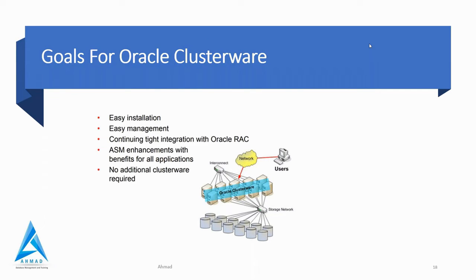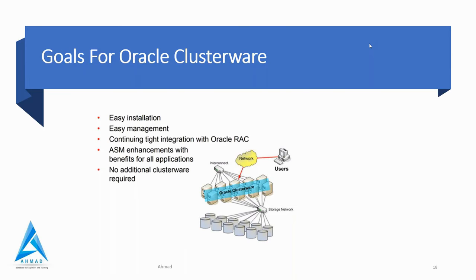Okay. So the goals for Oracle Clusterware are basically to provide better management, better installation, and better ASM features or enhancements to use. And with this Clusterware, you don't require any other third-party clusterware, and it will be configured with tight integration with Oracle RAC.